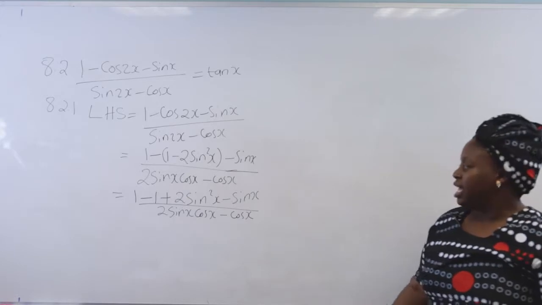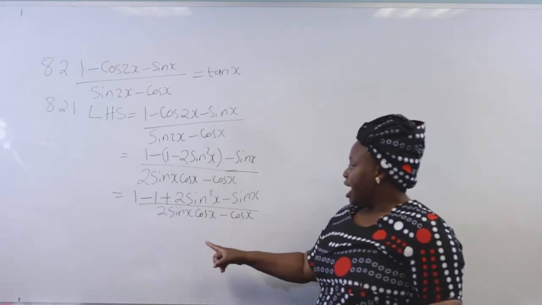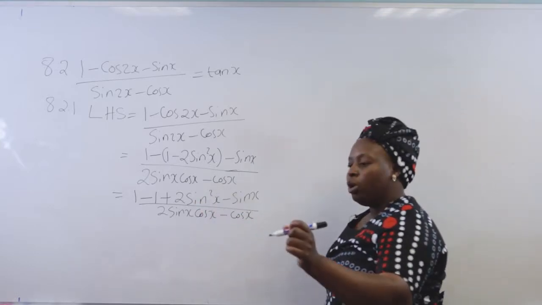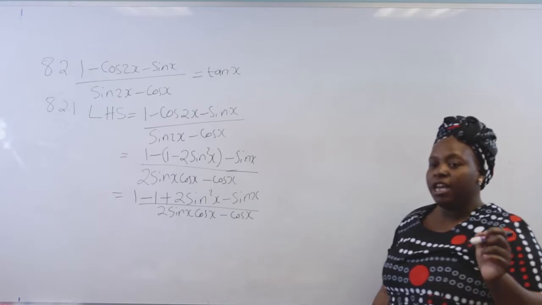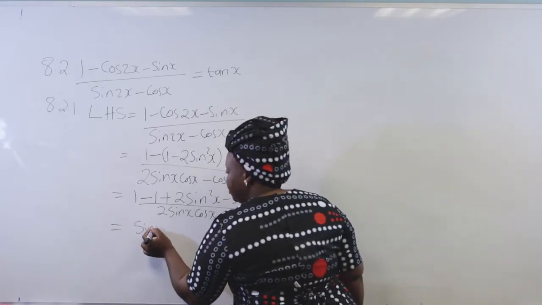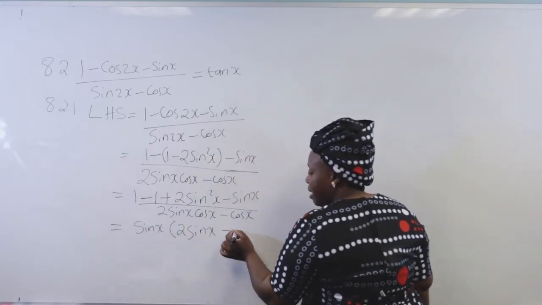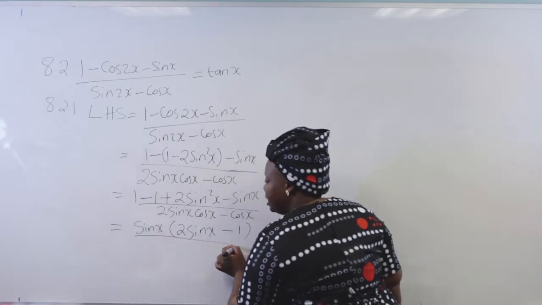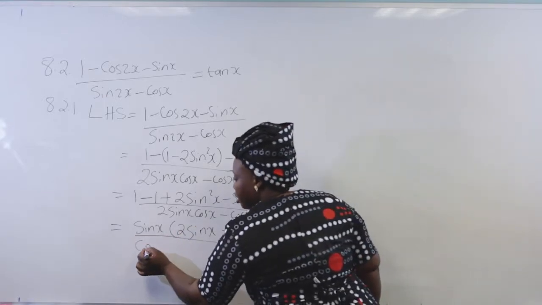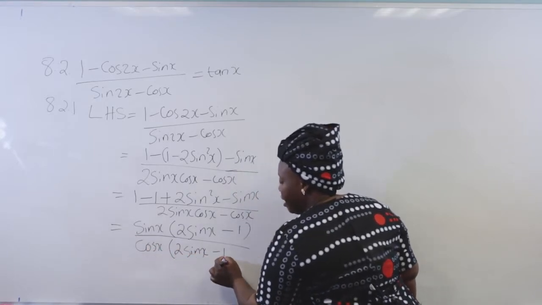Now, if you look at this simplification, 1 minus 1 will give us 0, and 2 sine squared x can be rewritten as 2 sine x multiplied by sine x. So we'll take out the common factor of sine x. Then we remain with 2 times sine x minus 1. As a denominator, we are going to take out the common factor of cos x. Then we remain with 2 sine x minus 1.